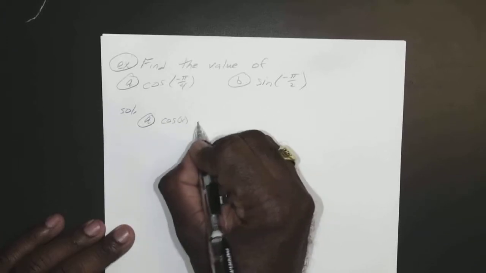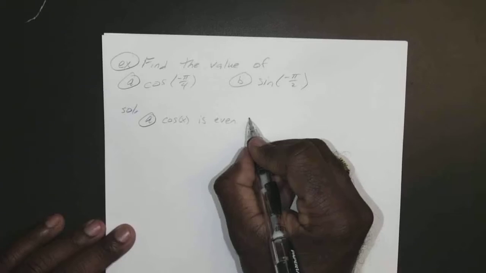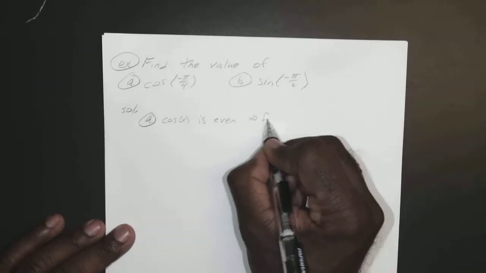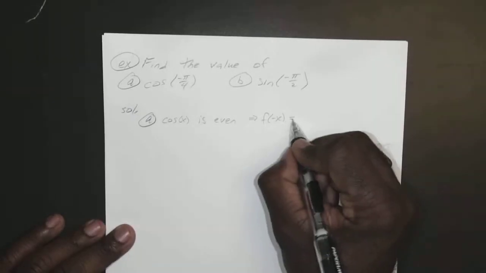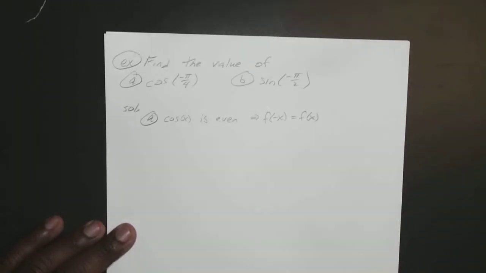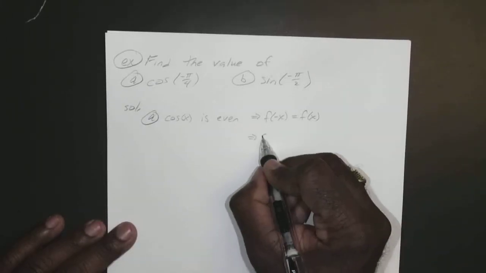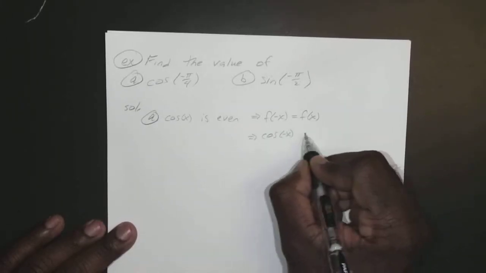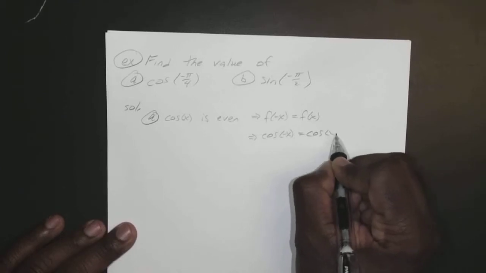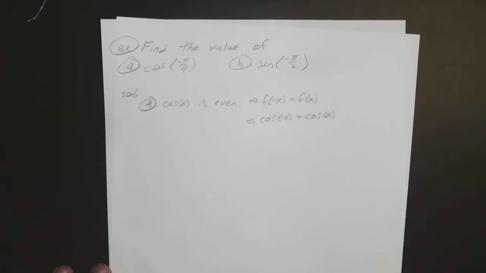cosine of x is even. So we know when a function is even, that just means that f of negative x equals f of x. Okay? So for cosine, that means that cosine of negative x is just equal to cosine of x. Okay?